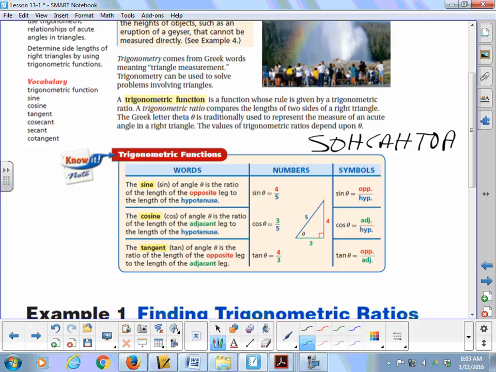That means that sine is opposite over hypotenuse, cosine is adjacent over hypotenuse, and tangent is opposite over adjacent. So you could write sine: opposite, hypotenuse; cosine: adjacent, hypotenuse; and tangent: opposite, adjacent. SOHCAHTOA.